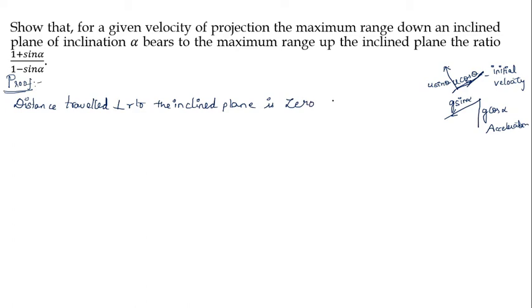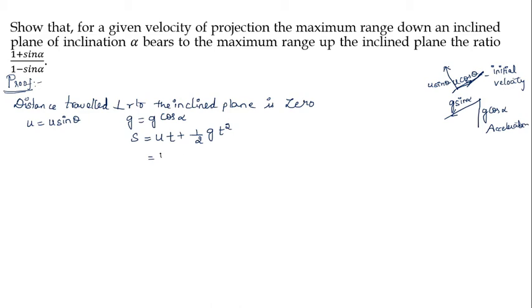So we are considering the distance traveled perpendicular to the inclined plane. Perpendicular means your initial velocity u perpendicular is u sin theta, and your g acceleration perpendicular is g cos alpha, right? And the distance formula, you know that S is equal to ut plus half into gt square.